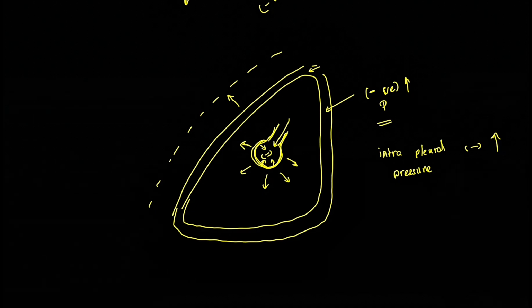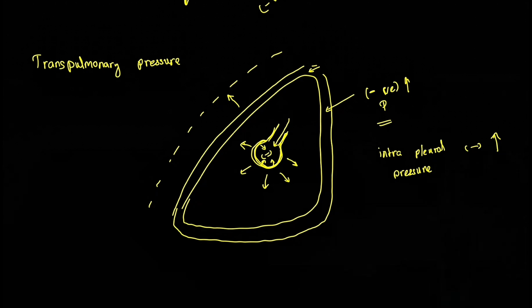I'm just saying it because I want to explain what transpulmonary pressure means. So I have told you about the intrapleural pressure and the alveolar pressure. Now I'm going to talk about the transpulmonary pressure.